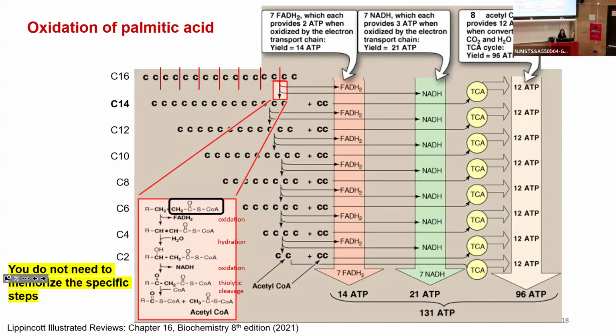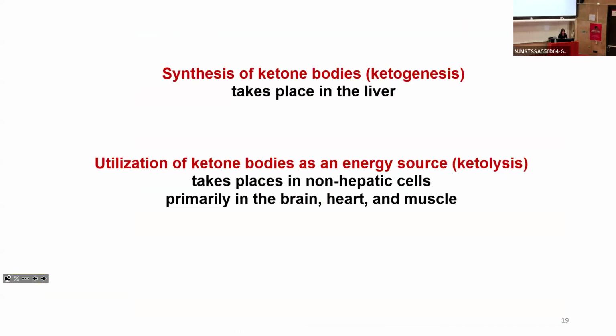So from palmitic acid, which is the most abundant fatty acid in our bodies, you could, in principle, generate, they're saying, 131 ATP molecules, right? So there's a lot of ATP to be had from one fatty acid molecule. So those are fatty acids in the generation of ATP.